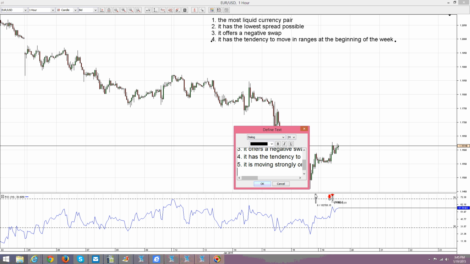Now, of course, the other side of the story, or the other side of the Atlantic, should be considered, as it is moving strongly on the Federal Reserve monetary policy, which is announced on every 6th Wednesday.